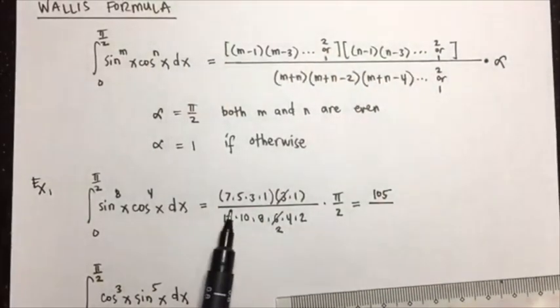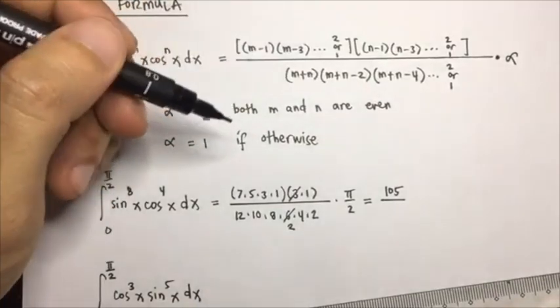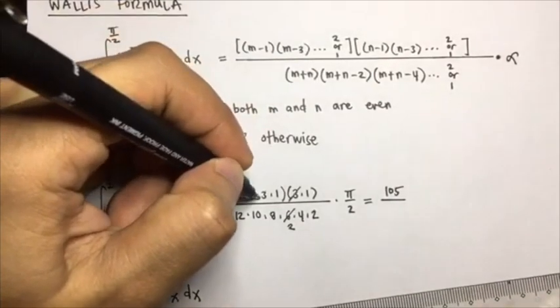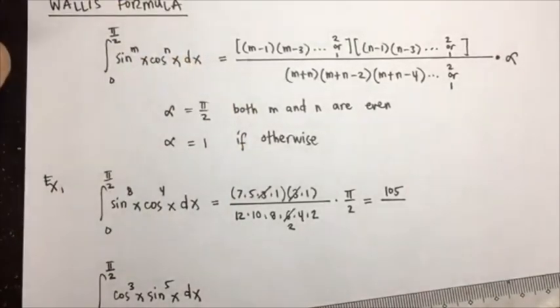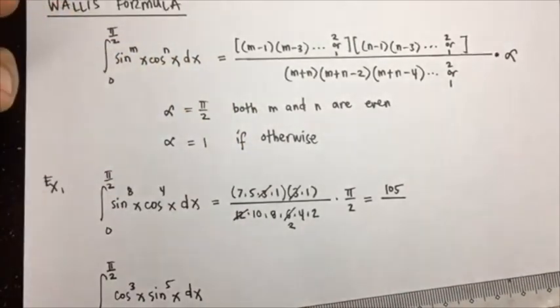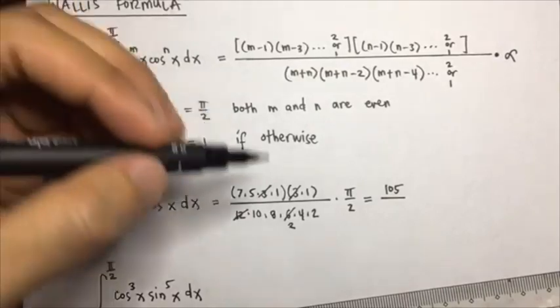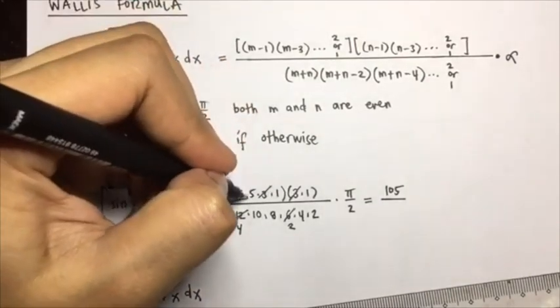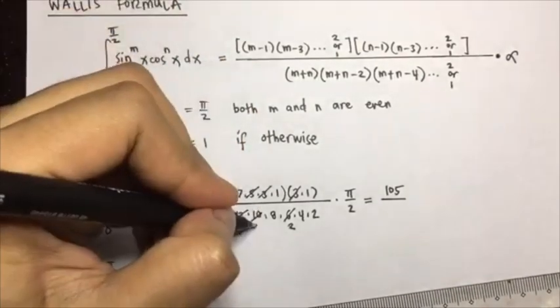I'm sorry, we can also cancel out another 3, and this will become 4, I think. We can also cancel 5, then this will become 2.